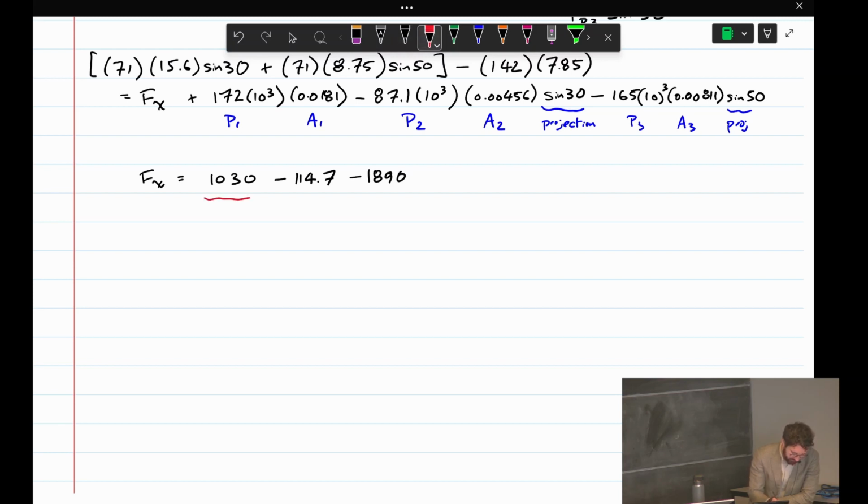So this first number is our summation over our outlets of m dot times basically Vx, the x component. So there's just that one inlet. Oh, sorry, that's 1114.